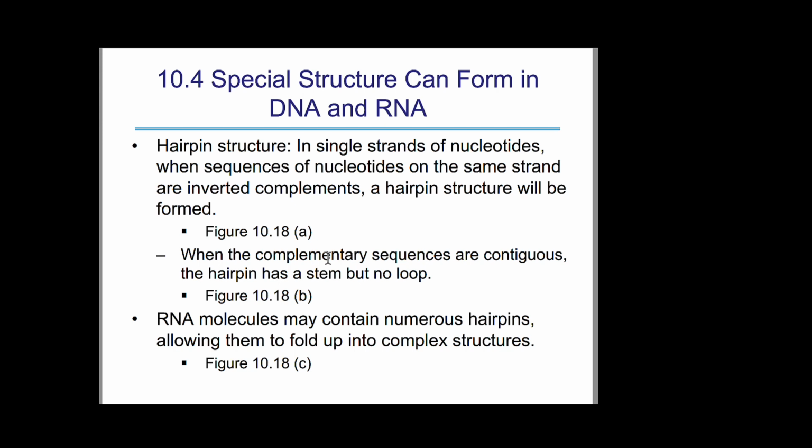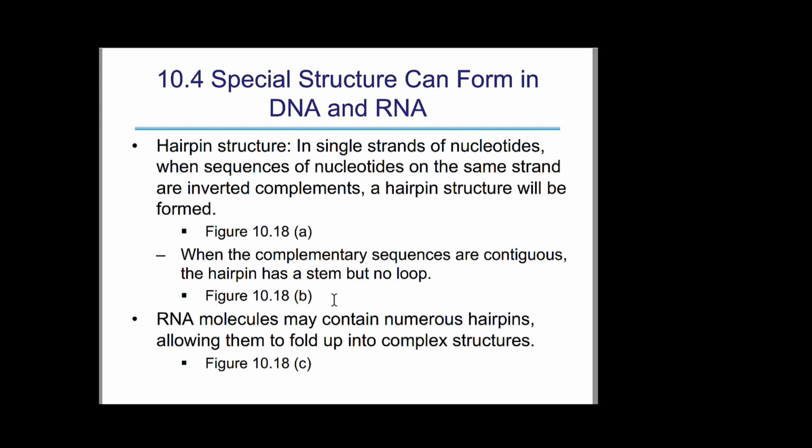It does not become protein, but its ability to fold in such a way that it forms this hairpin-like structure is essential for carrying amino acids to the ribosomes for translation. We also see hairpin structures that play a part, as we'll talk about in DNA replication, in the dismantling of the apparatus when replication is occurring.